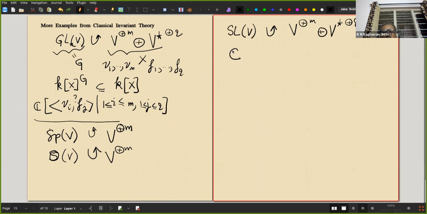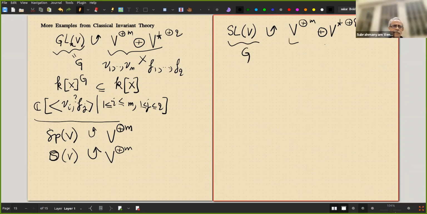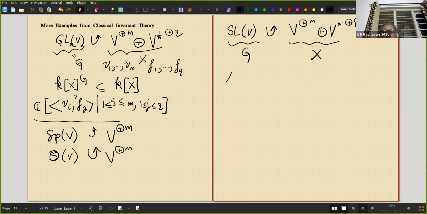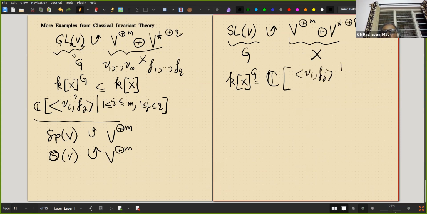So this is my X, and this is my G, and I look at what K[X]^G is. And this will be C adjoined all these vi fj, with 1 less than or equal to i less than or equal to M, 1 less than or equal to j less than or equal to Q.